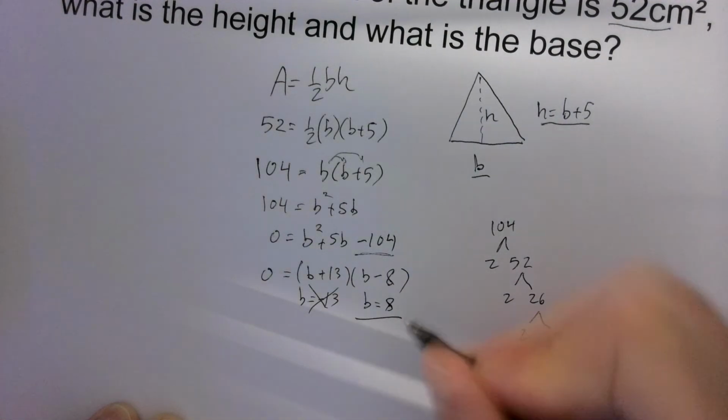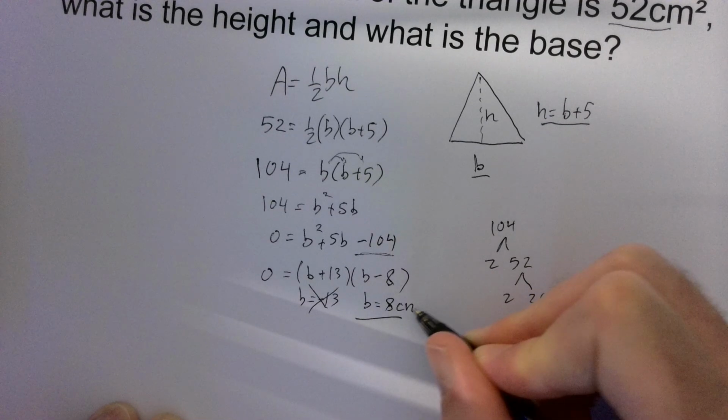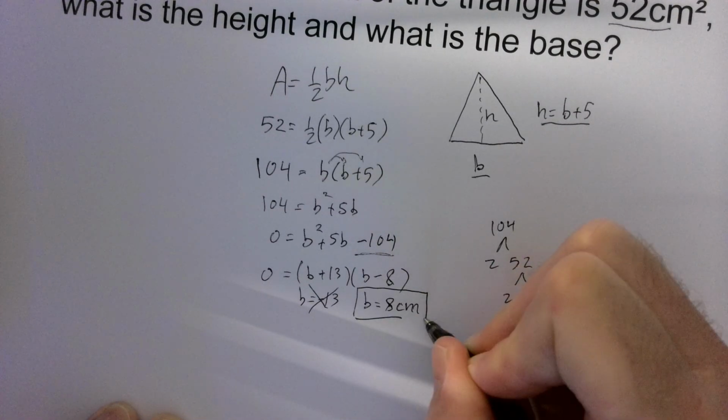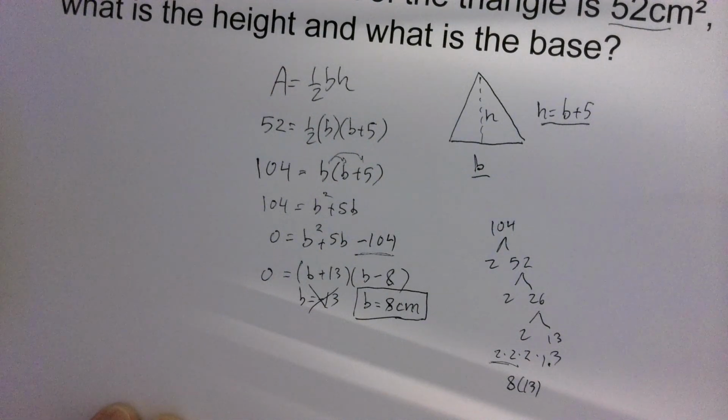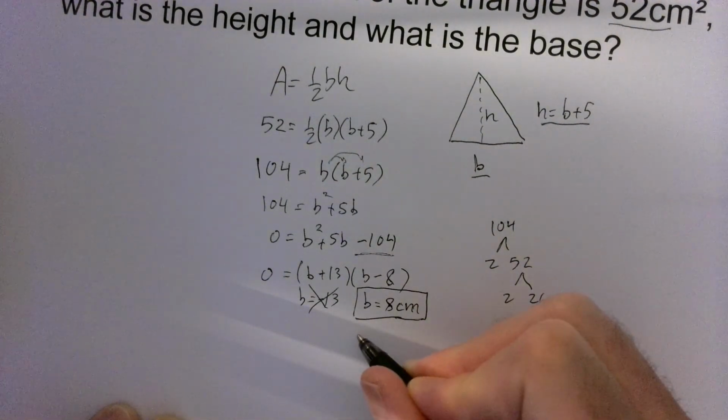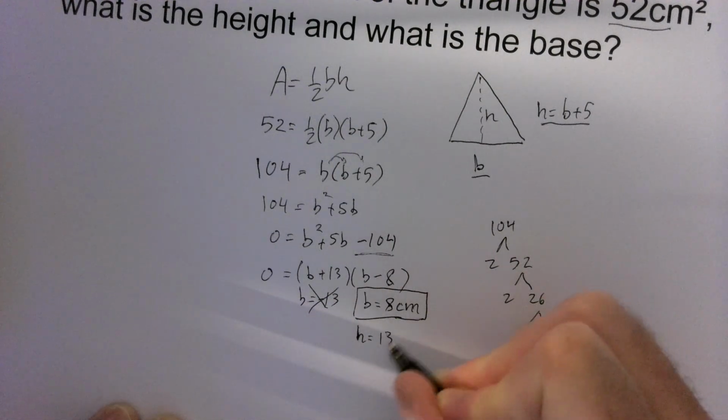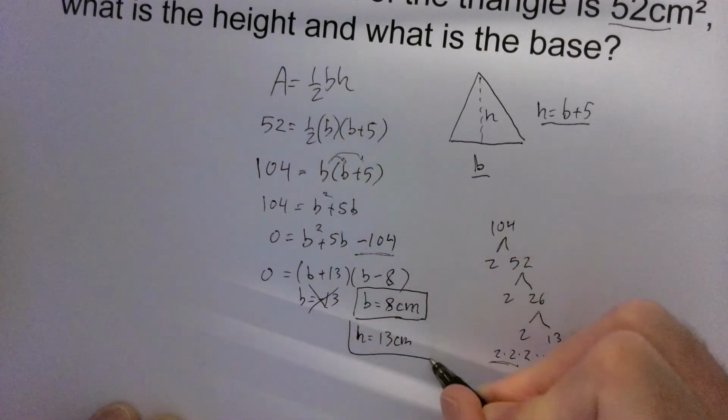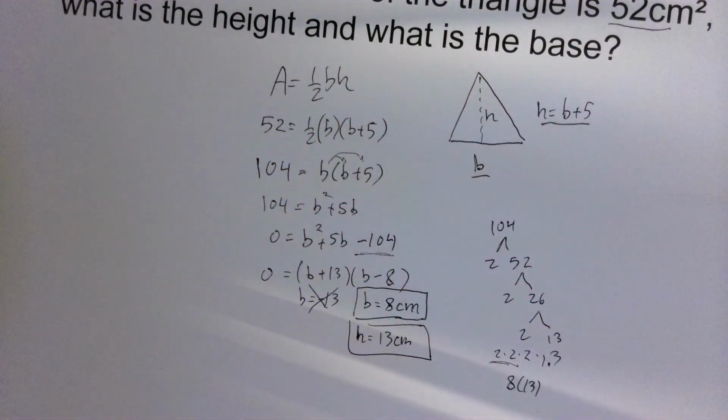And they gave us units as centimeters, so they wanted us to find the base and the height. So if our base is 8 centimeters and they told us that the height is 5 more, we'll just add 5 to that. So height will be 13 centimeters. That's it. That should give you enough information to do the next assignments.